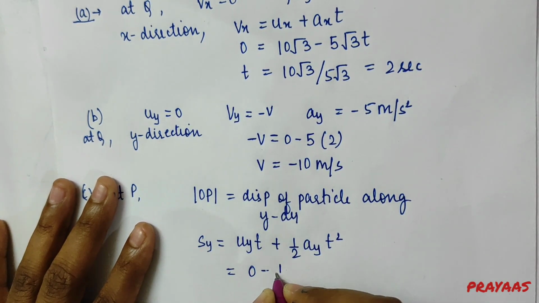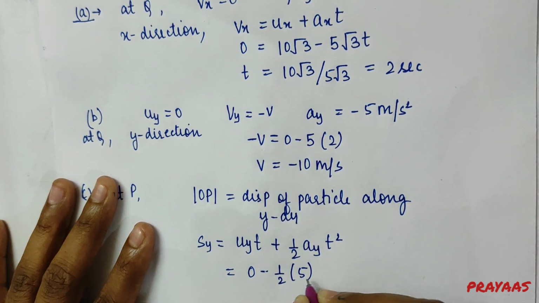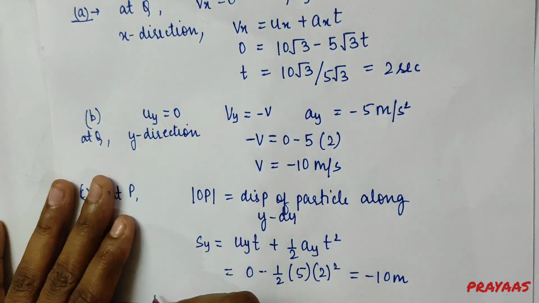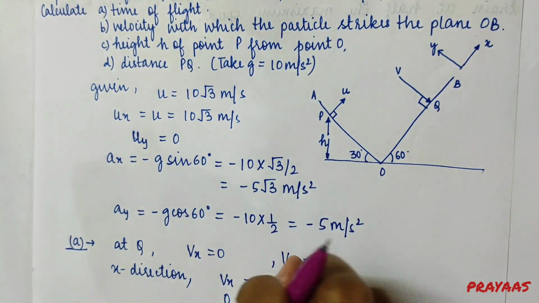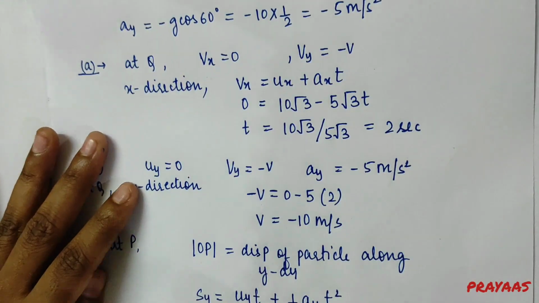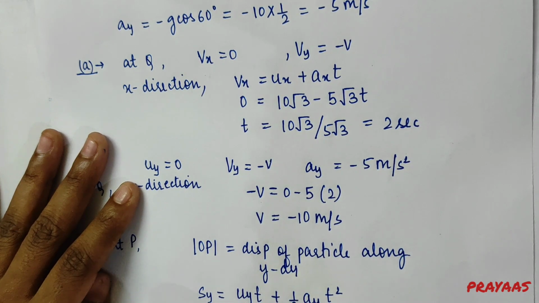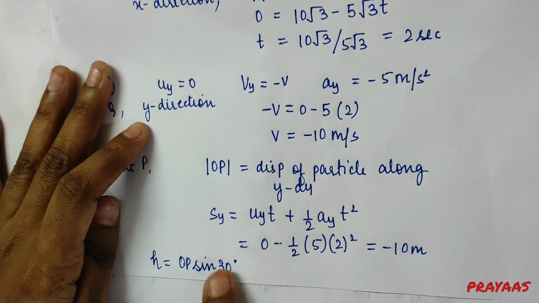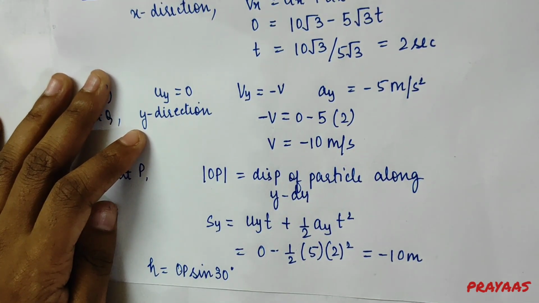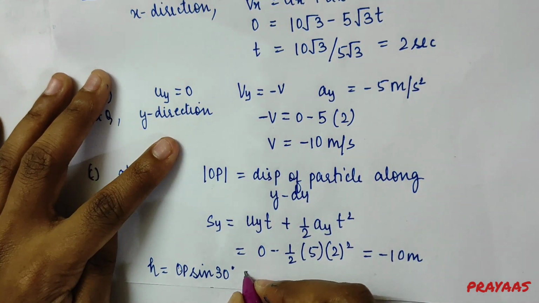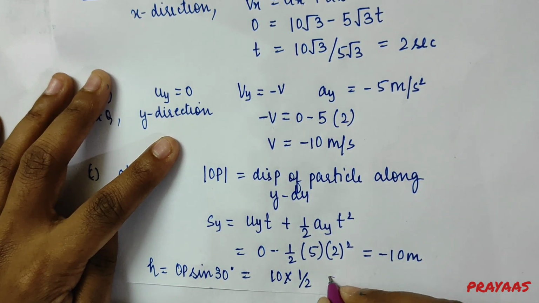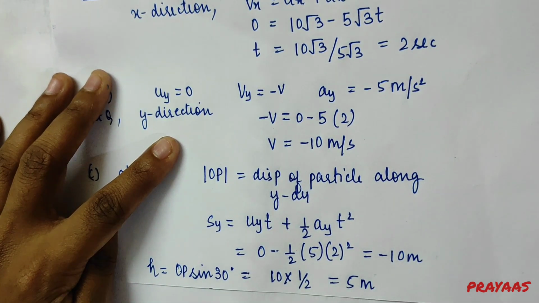This is 0 minus half into 5 into 2 squared, that is minus 10 meters. Now h will be OP sin 30 degrees. OP is equal to Sy, so this is 10 into 1 by 2. So h will come out to be 5 meters.